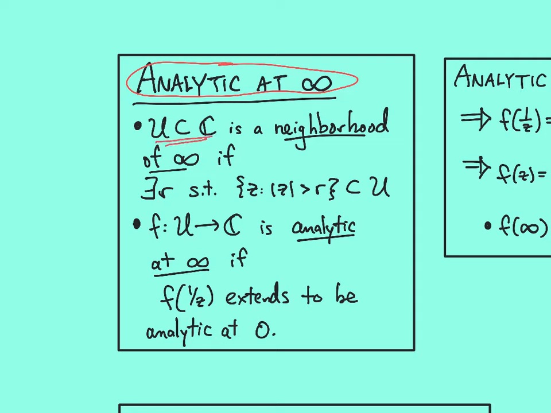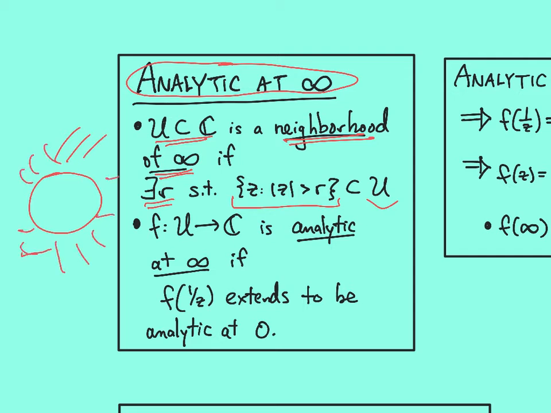So U inside the complex plane is a neighborhood of infinity if there exists an R such that all points with modulus bigger than R belong to U. So U is a neighborhood of infinity if it contains all points beyond some disk.